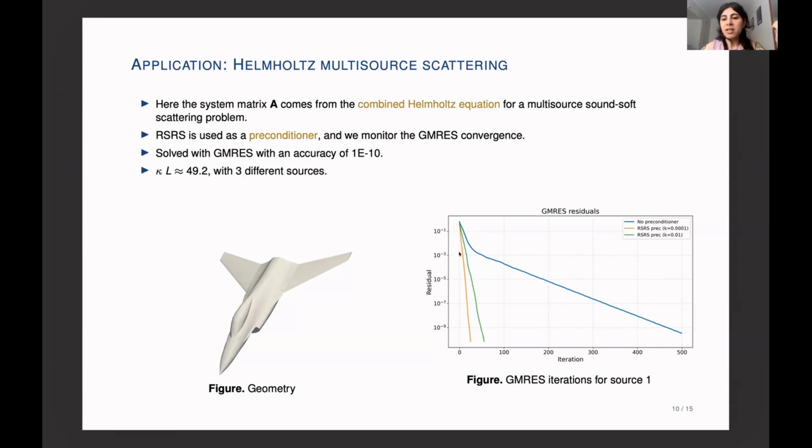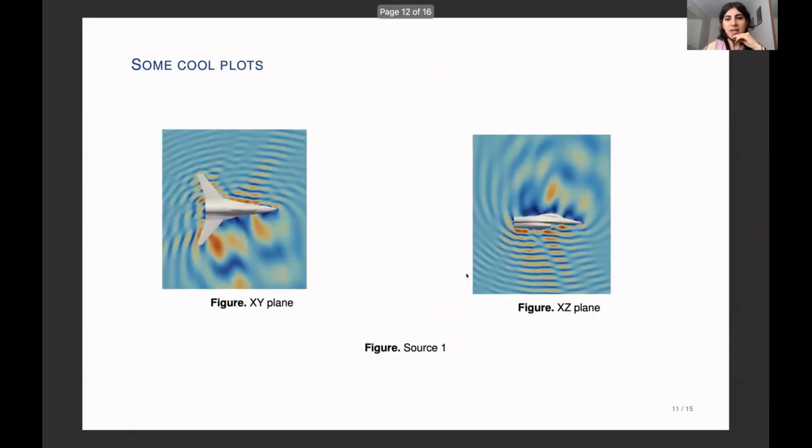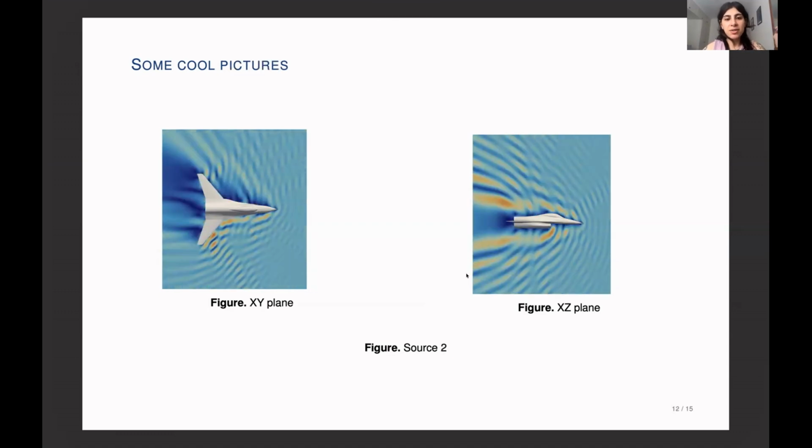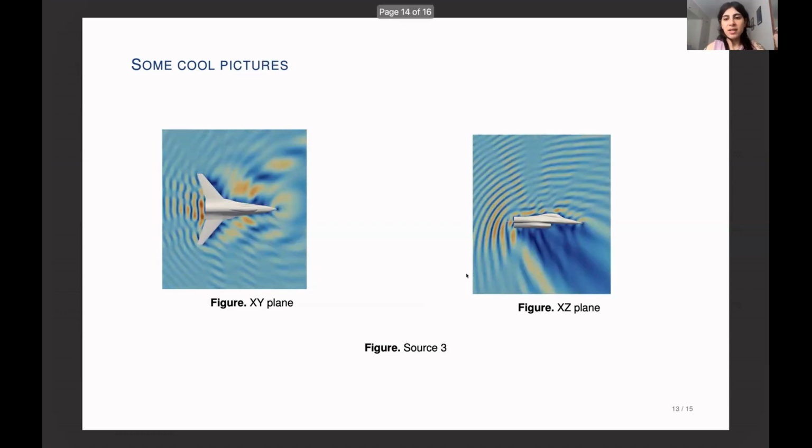But if you use RSRS as a preconditioner, and here we implemented 2 RSRS preconditioners, we see that it takes way fewer iterations. And to finalize, because I think I'm a bit late, here you can see some cool plots of one of the sources that hits the F16. This is the second source, and this is the third source.